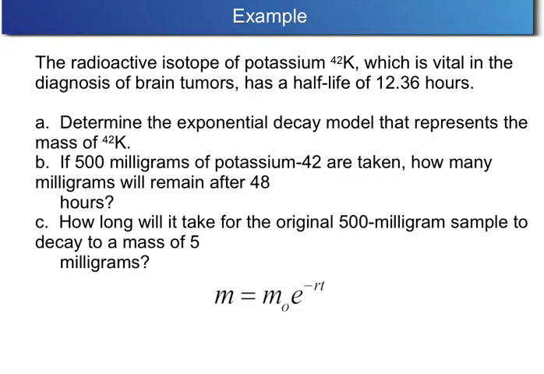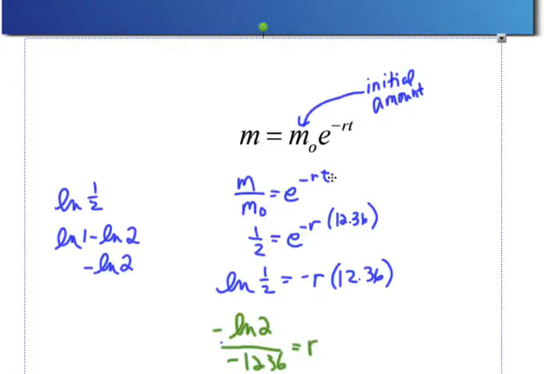So on this next page, and this is where we stopped, we have m equals m sub 0, that's the initial amount at time 0, times e to the minus rt. If I divide both sides by my initial amount, I will get the fraction of the quantity that is left at any time t.